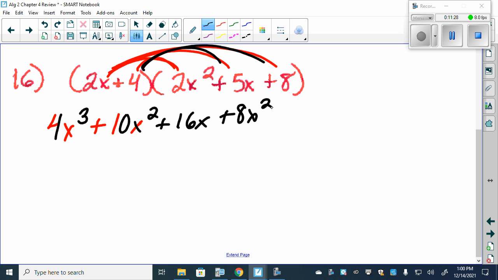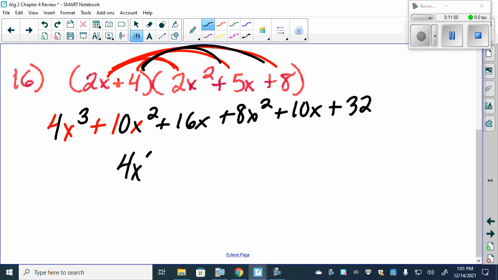Now you can put it all in one row or you can line up the like terms. Either way works just fine. Now 4 times 5x is going to be plus 10x, and 4 times 8 is going to be plus 32. Now once we finish multiplying and distributing all the way through, we can add our like terms.